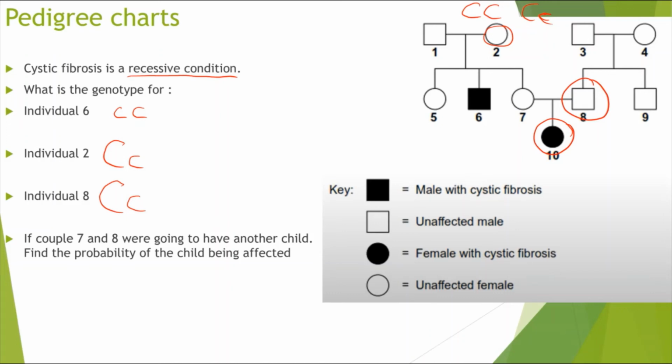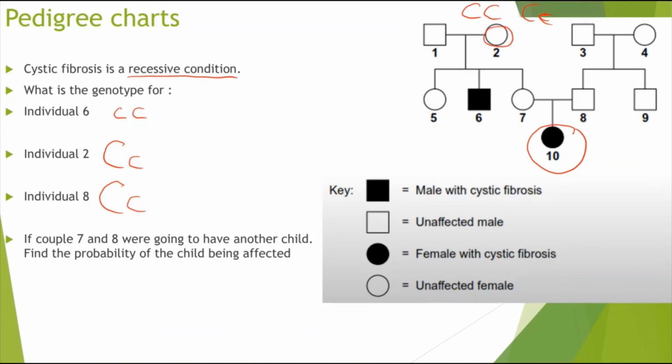Now, I know that individual 7 would have the same genotype as individual 8, because individual 7 isn't affected, but must be a carrier because individual 10 is affected. So for my gametes, I will have a capital C, lowercase c, and capital C, lowercase c.